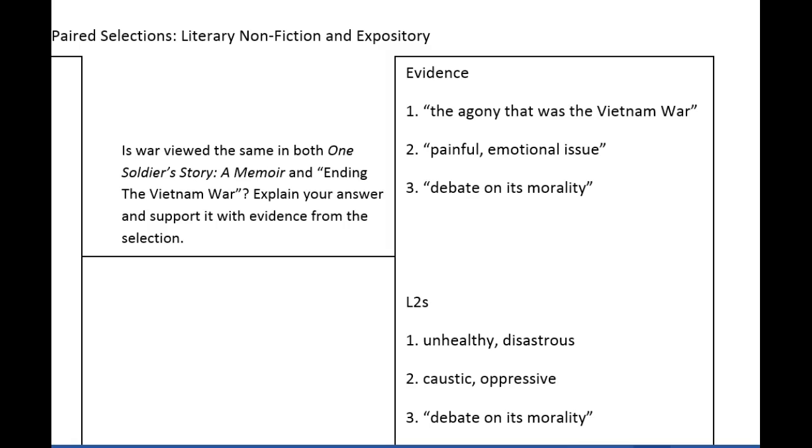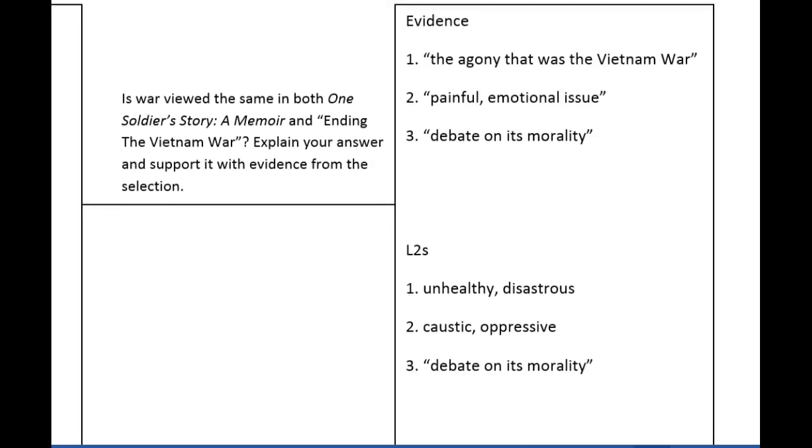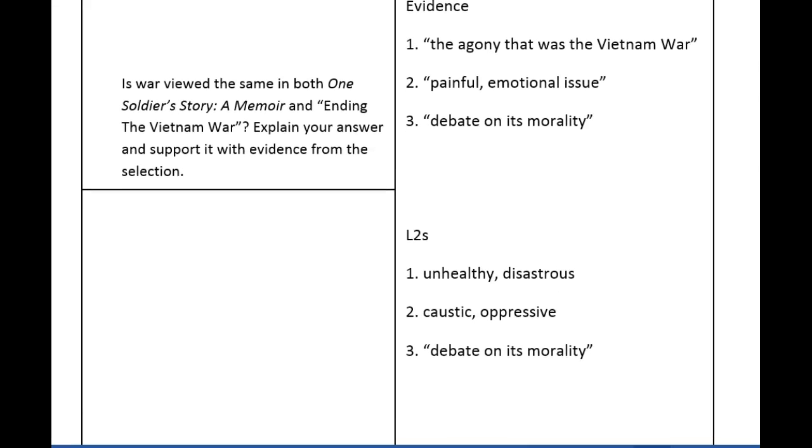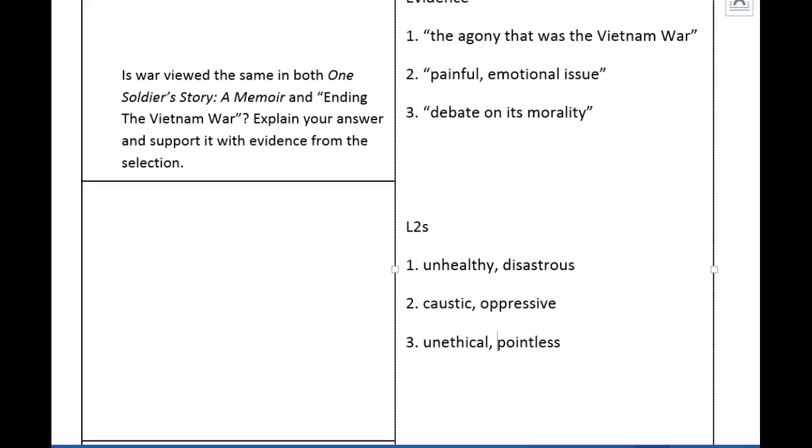The connecting L2 is unhealthy. When I look at the second piece of evidence, painful emotional issue, I thought of the first word, caustic, something that is corrosive or damaging, burns away. And the second word I chose for that piece of evidence is oppressive.